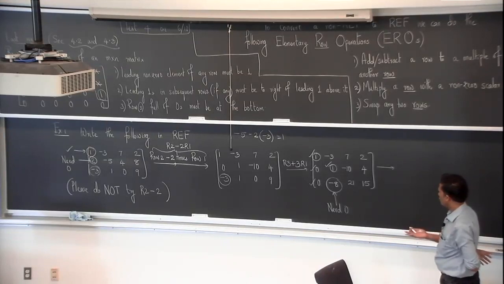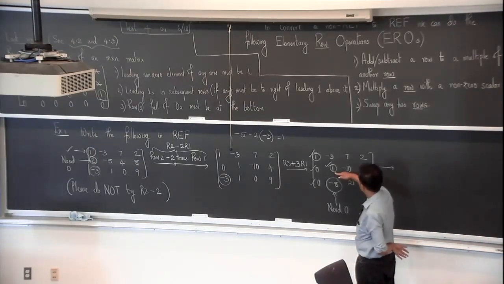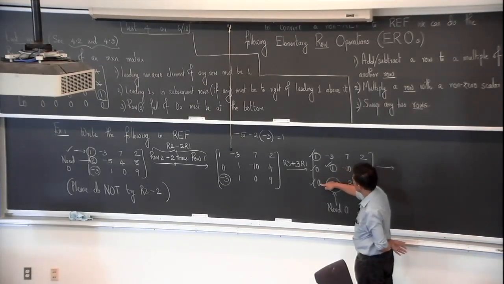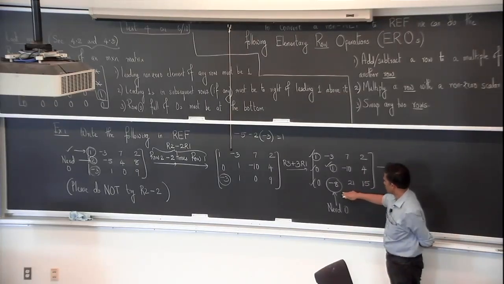Or look at the ones above it, to try to keep things easy. Yeah. R3 minus 3 R1. You don't want to lose the 0. Okay. Oh. Keep it. I mean, whatever we achieved before should stay there. And you're trying to get a 0 out of this one.